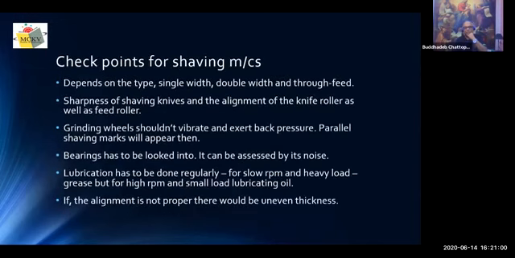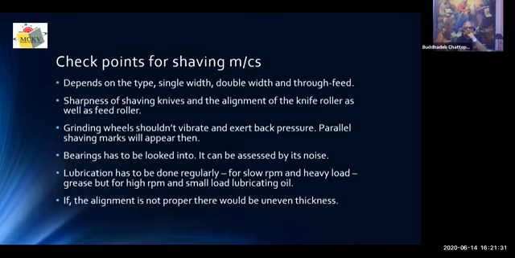For the shaving machine, depending on whether it is a single weight, double weight, or through-feed machine, the sharpening of the knife and its alignment with the knife roller has to be done very correctly. The grinding wheel must not vibrate and must not exert pressure on the knife roller, because if the grinding wheel gives pressure, you will find parallel marks on the shaved material, and these marks are going to remain even in the finished leather.